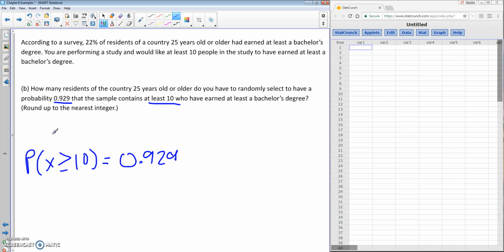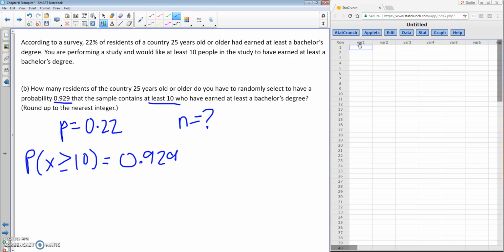We do know our probability. Right, so this is what we know from our problem.